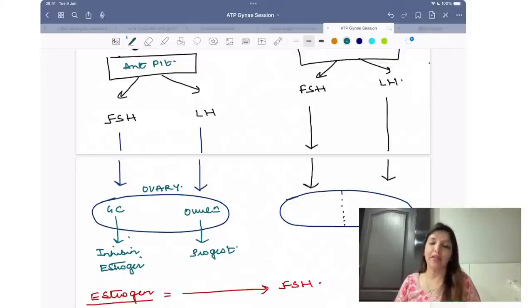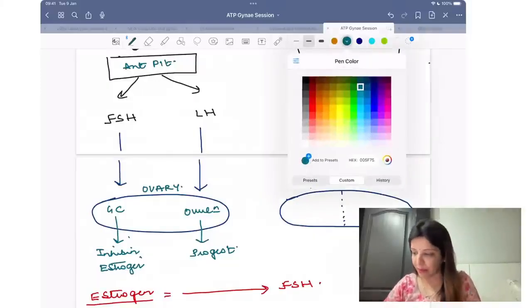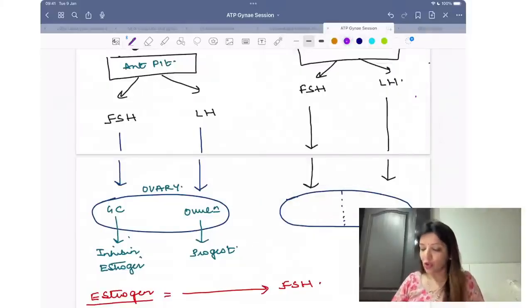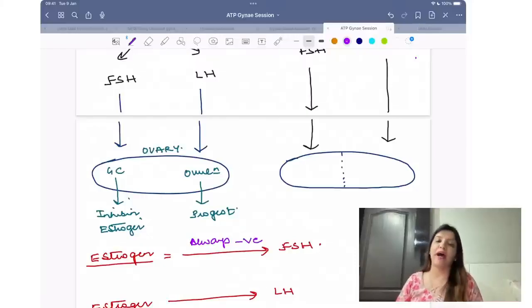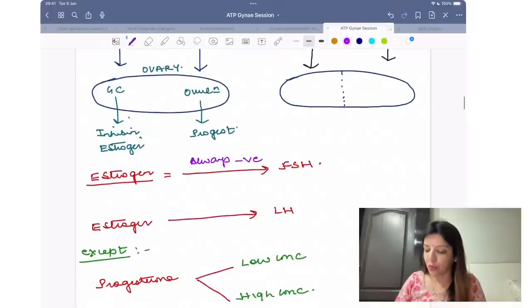This is what is happening in females. Please remember, estrogen will always have a negative feedback on FSH. Always, right?